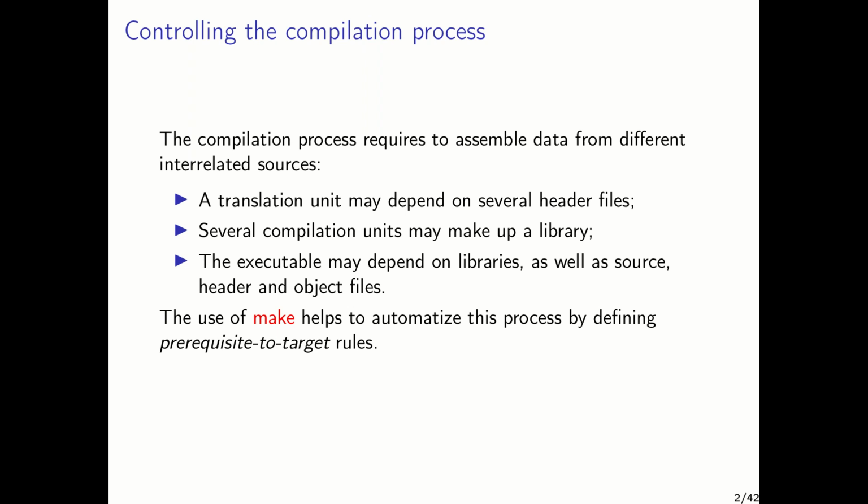And eventually, the executable may also depend on external libraries that themselves may have to be compiled and installed. So the compilation process requires controlling the dependencies of all these different components, and eventually updating the ones that have to be updated.